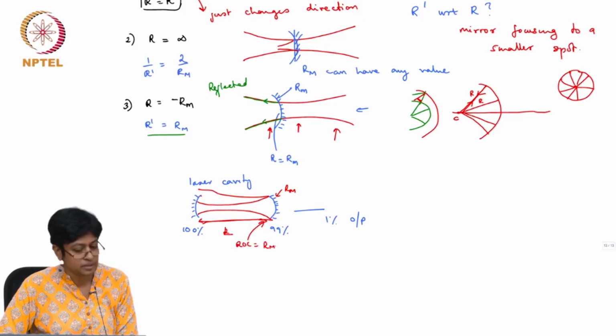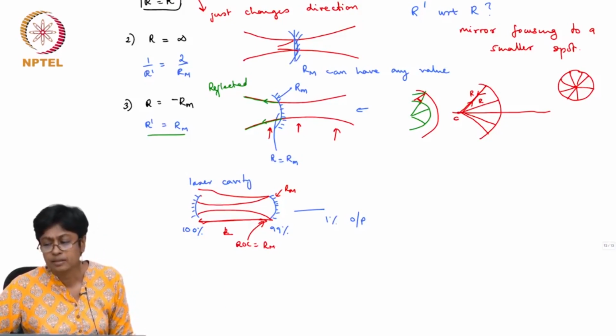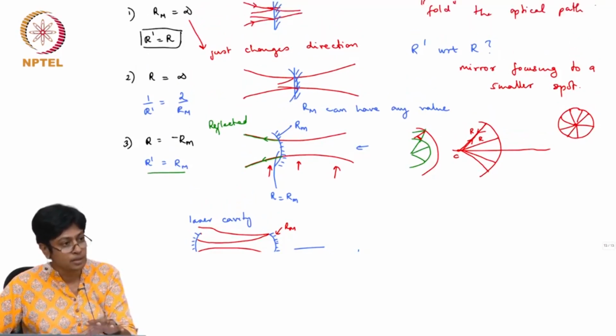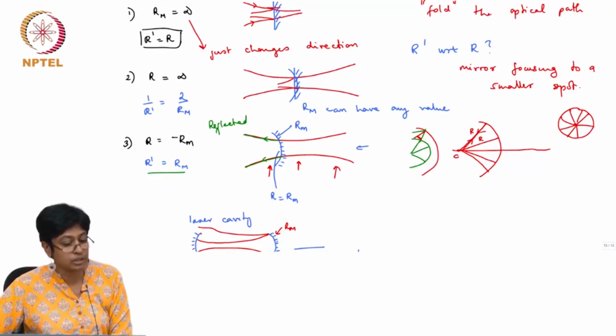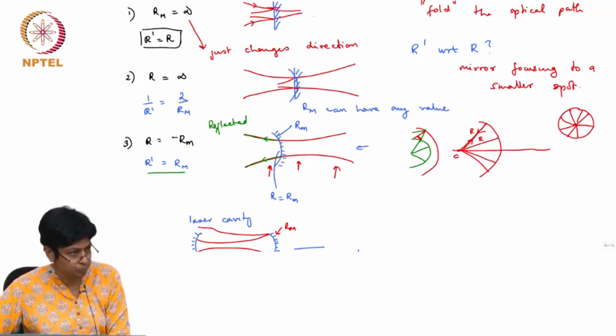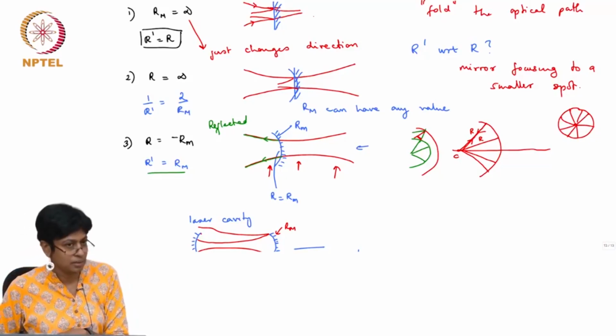Okay. So we looked at three conditions. The first condition was a condition only on the mirror radius of curvature. The second two conditions were actually conditions on the radius of curvature of the beam, and that gave us a relationship with respect to the mirror radius of curvature.